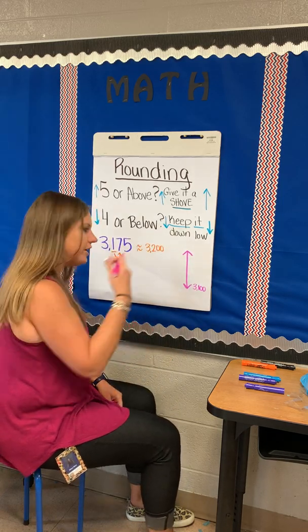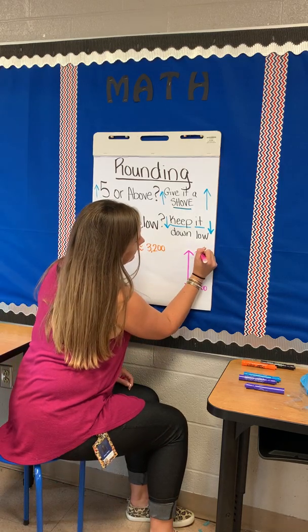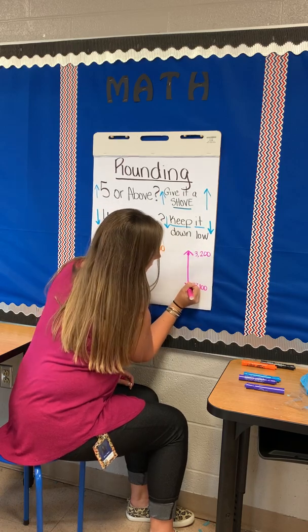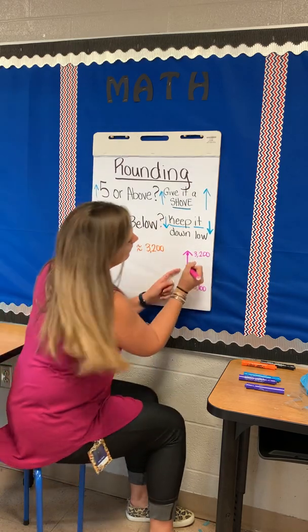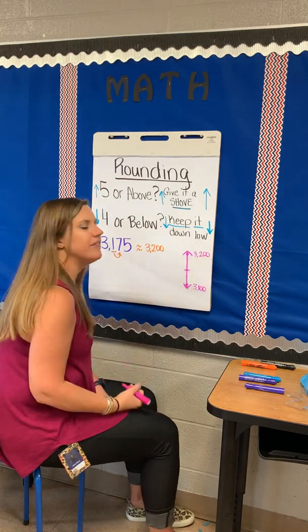Well, what's 100 more? 3,200, right? So then, what would be halfway between 3,100 and 3,200?